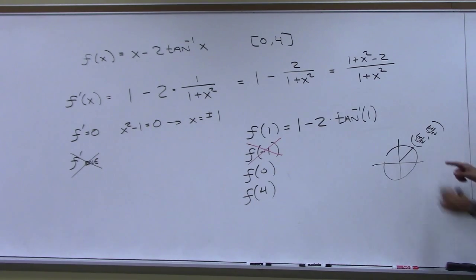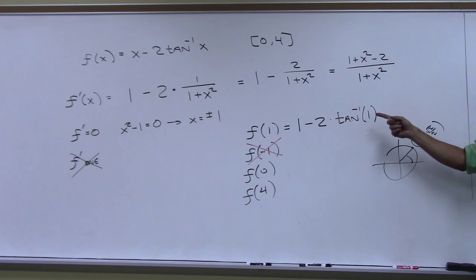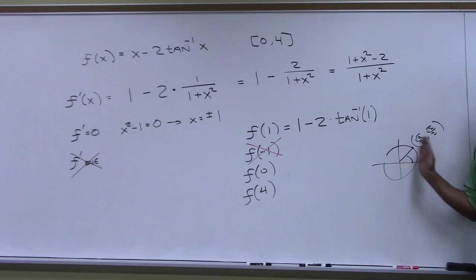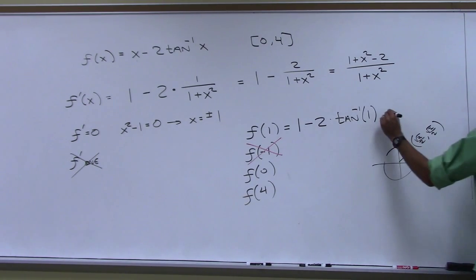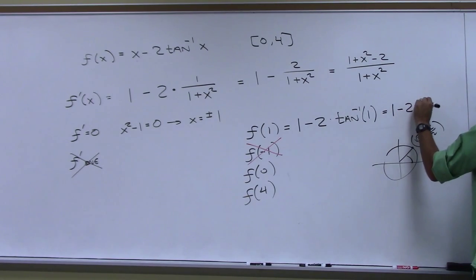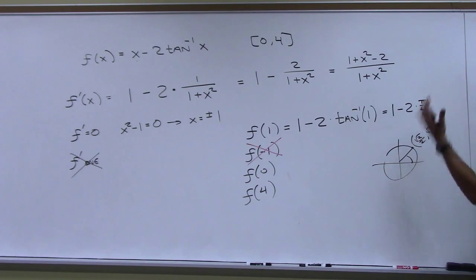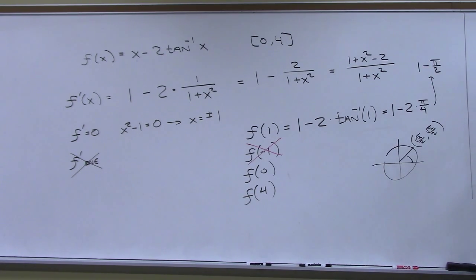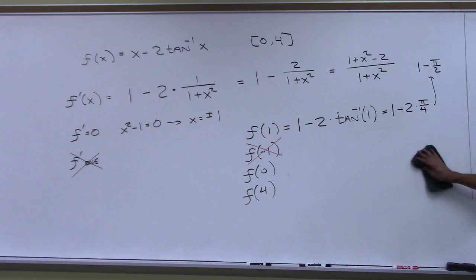If I ask you what's tangent of this angle right here, you would do that divided by that, which would be 1. This is saying the opposite: at some angle, I'm taking tangent, I'm getting 1. It's happening at pi over 4. So this is going to be 1 minus 2 times pi over 4, which is just 1 minus pi over 2. I figured that might be my highest point. Oh, no. It's going to be my lowest. Okay, next one.